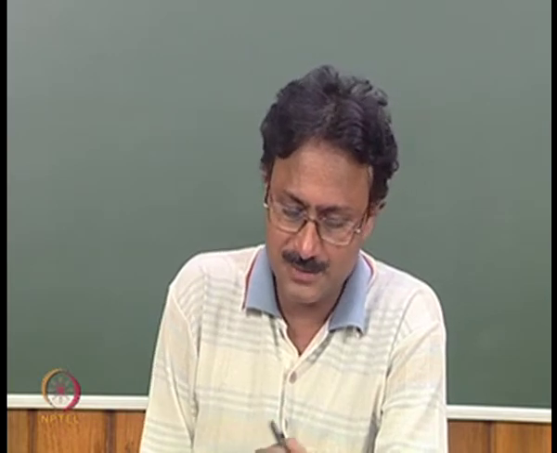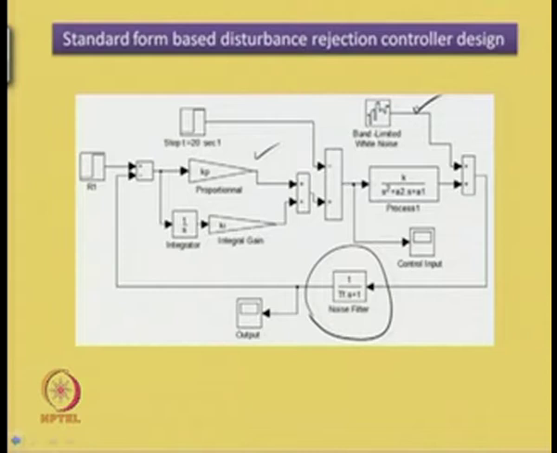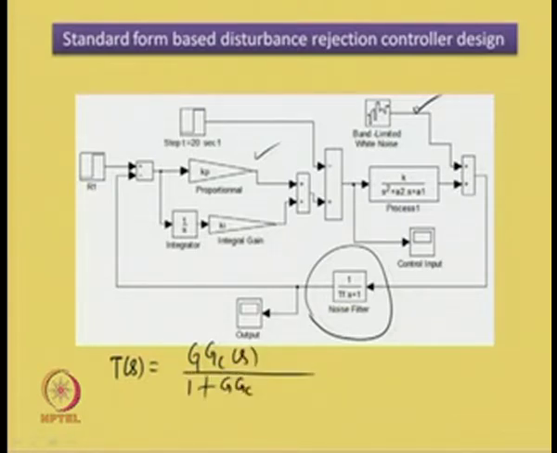Now, the closed loop transfer function for this system has to be given in the form T(s) = Gc(s) / (1 + Gc(s) G(s) H(s)).